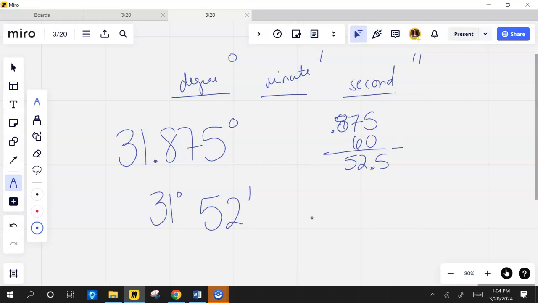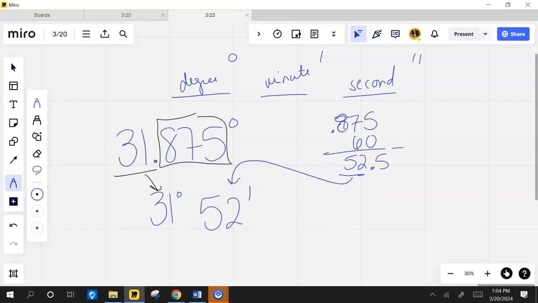Once I take that whole number off the front, so I took the 31 off. That's my whole degree.